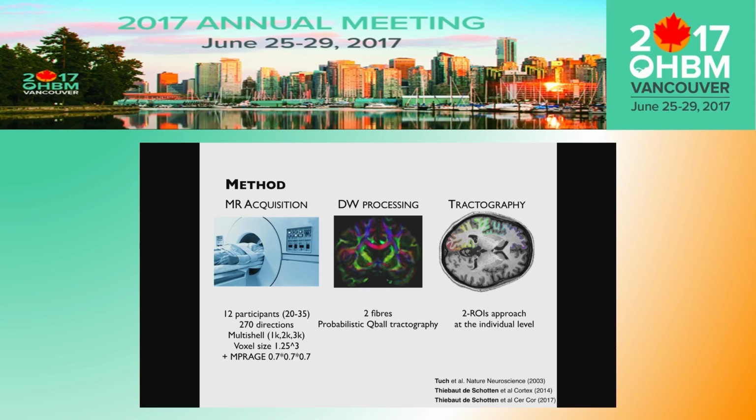Our approach to quantify tractography was a two-fiber probabilistic tractography, which is kind of an old approach to do tractography, but that was the most reliable approach to obtain a parcellation. I can touch on that point later if you're interested.